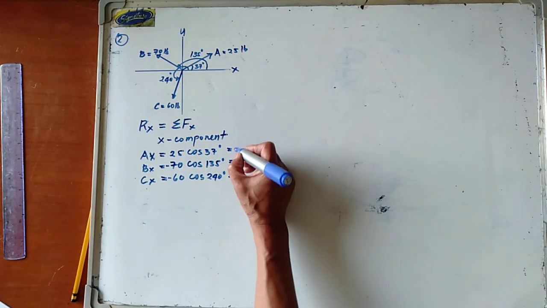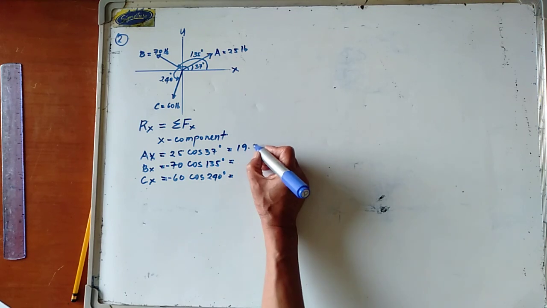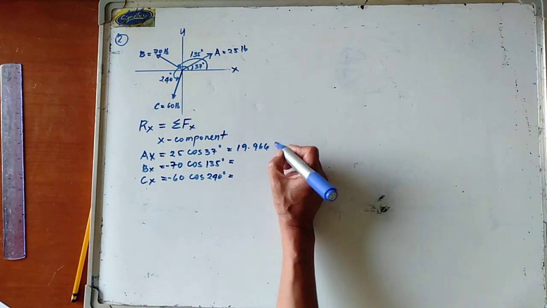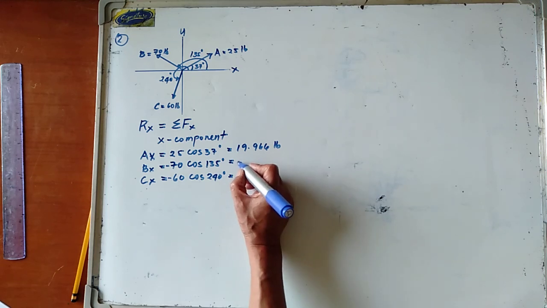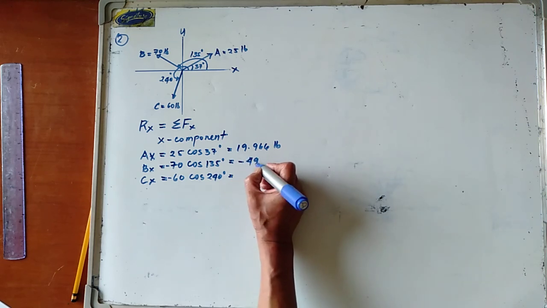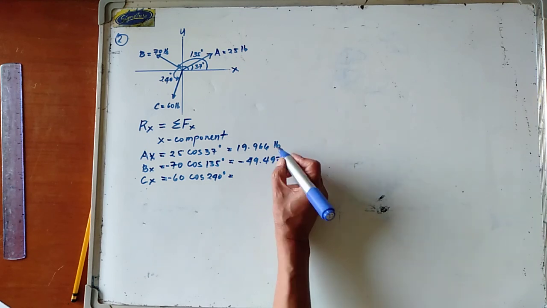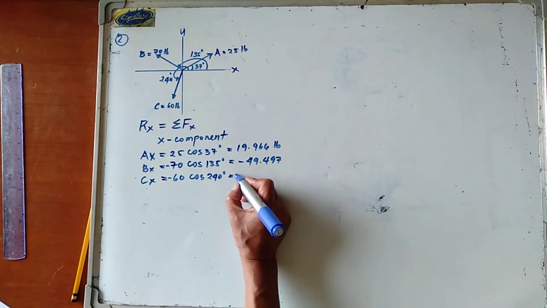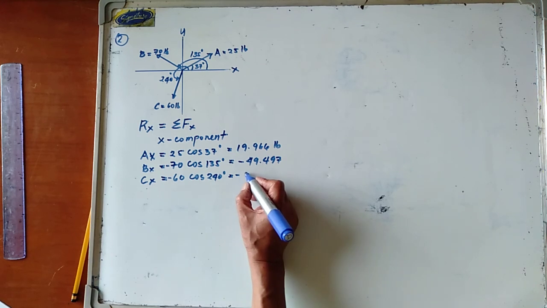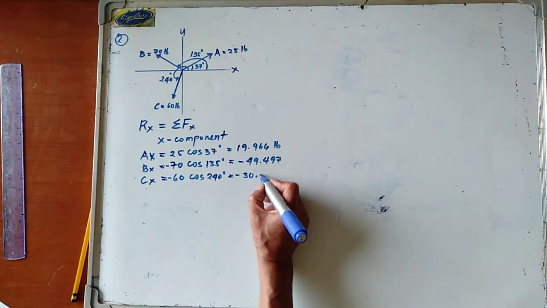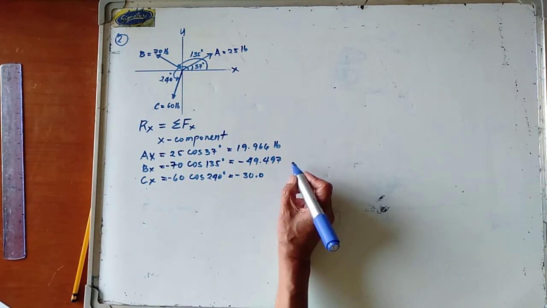So Ax is 19.966 pounds, Bx is negative 49.497 pounds, and Cx is negative 30 pounds.